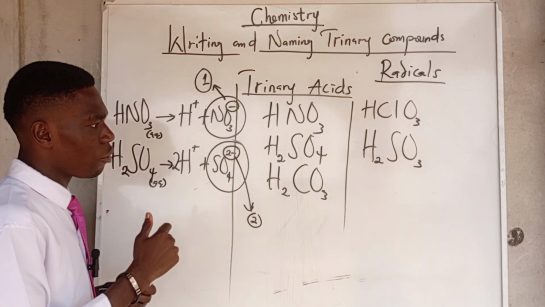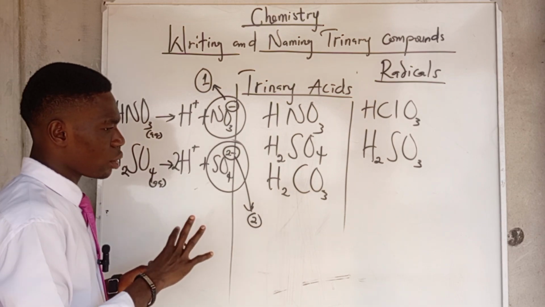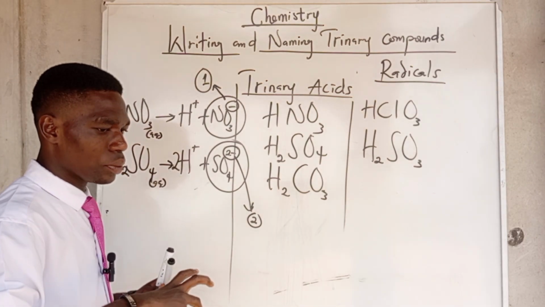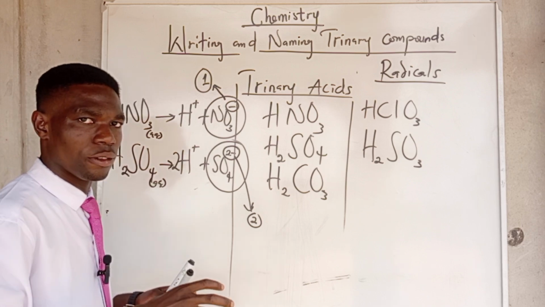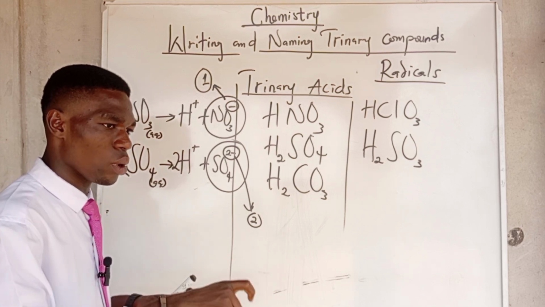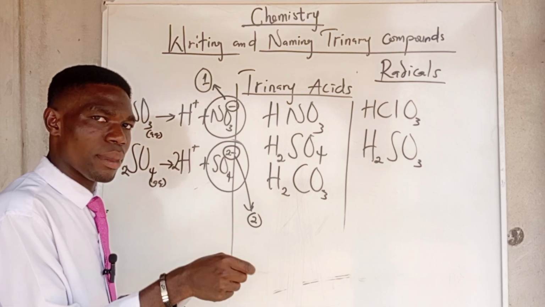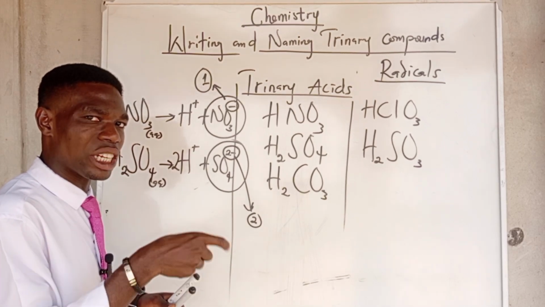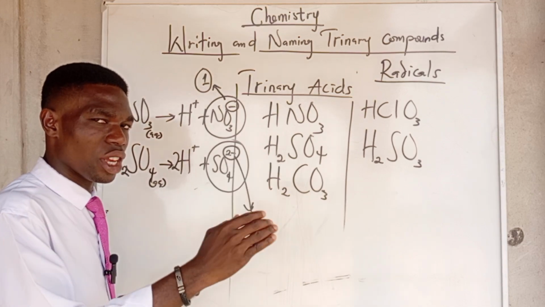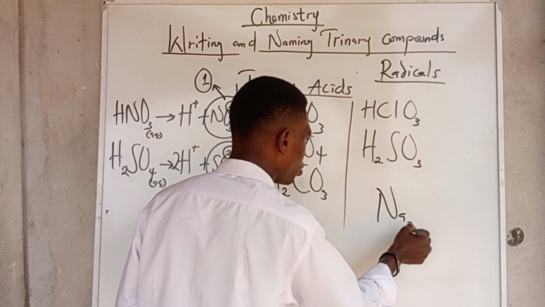Now, if you remember from that first video I did on binary compounds, you will understand that when we combine elements to form a compound, we make use of their valency in such a way that the subscript of a particular element in the compound is the valency of the other element. Like the example I did on Na2O.